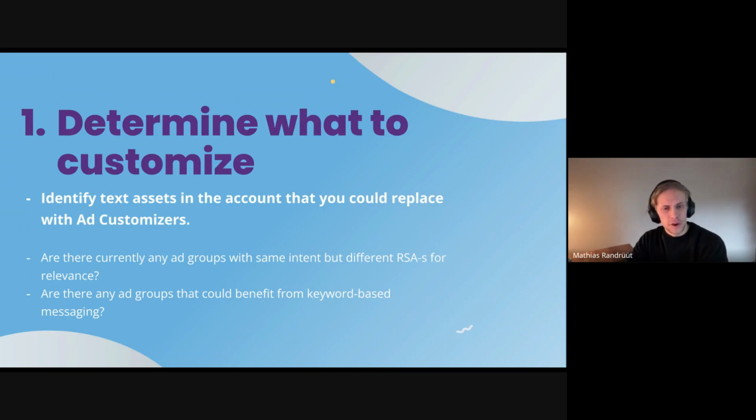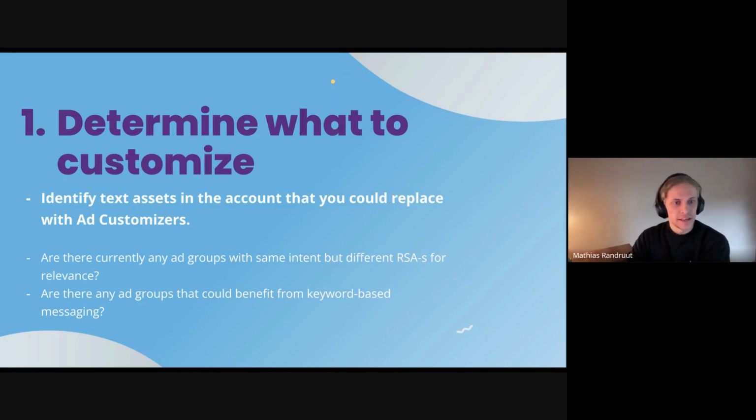The main two questions that you could ask yourself is, are there currently in the account ad groups which basically have the same intent, but different RSAs for relevance. If you see such a setup in your account, ad customizers can help consolidate those ad groups into a single flexible ad, which dynamically adapts based on the user's query, like we discussed.